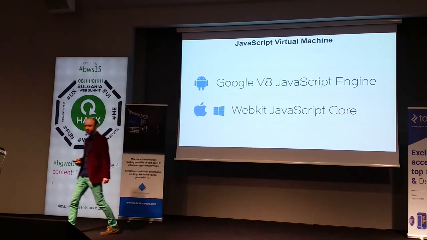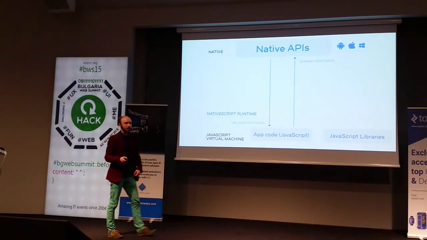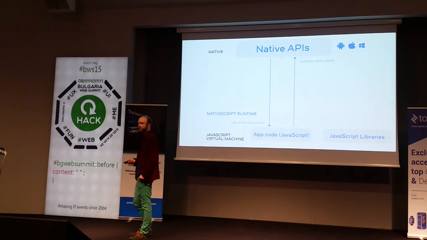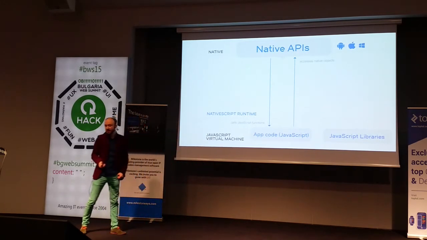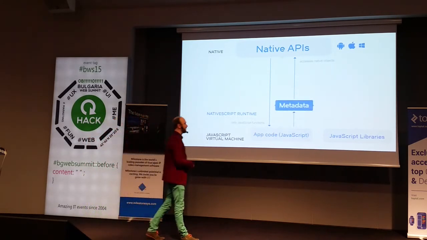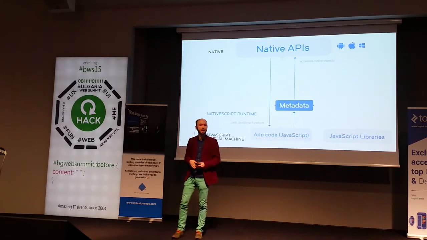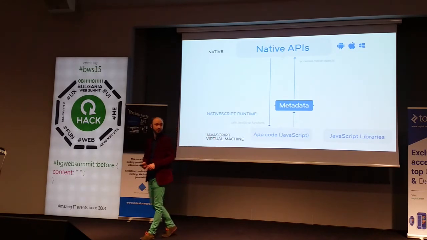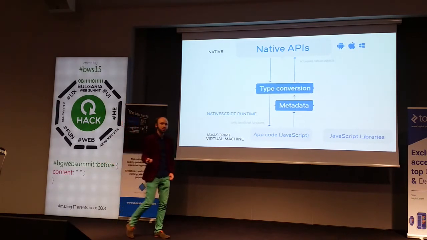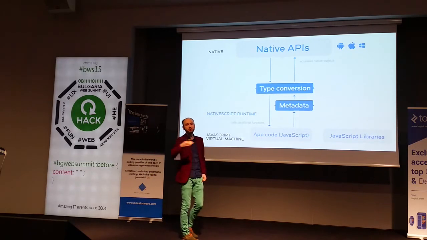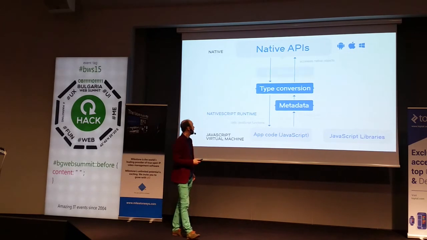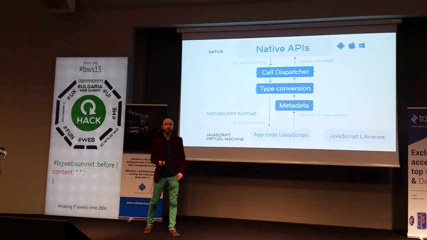The way it works, basically, is we use the JavaScript virtual machine to interpret and execute your JavaScript code, and any references to the native API are delegated to metadata, which is basically a whole library of all available API call functions and types within the platform. This then gets passed on to type conversion that translates JavaScript objects into native types, and later in reverse from native to JavaScript. And then finally we have a call dispatcher that executes the actual call.